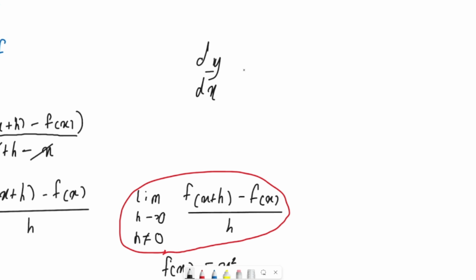dy by dx is used in the cases of y. So if I have y is equal to x squared or something, then the derivative of that function is dy by dx is equal to 2x.